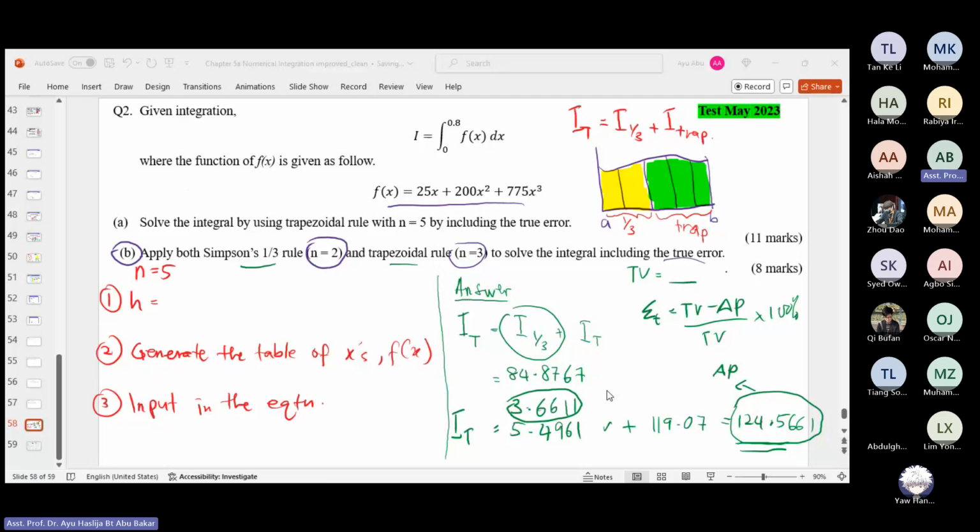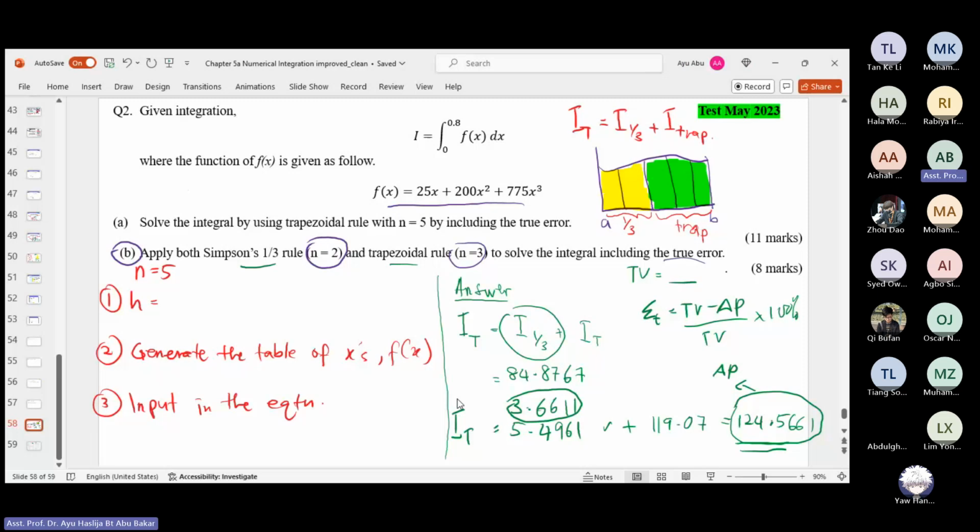Just to recap, in this chapter 5A we have learned about integration under the curve using trapezoid, Simpson's 1/3 and also Simpson's 3/8, plus the application of all for unequal segments.